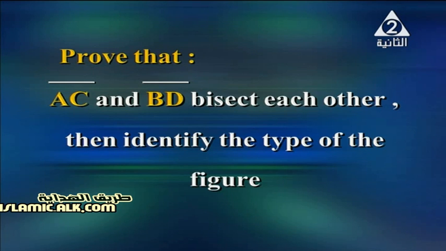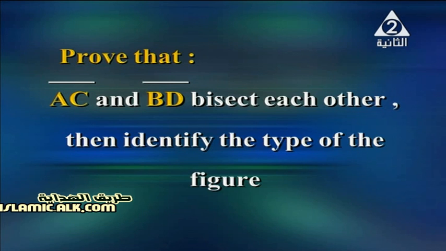What's the meaning of AC and BD bisect each other? It means that the midpoint of AC is exactly the same as the midpoint of BD, then these two line segments will bisect each other.